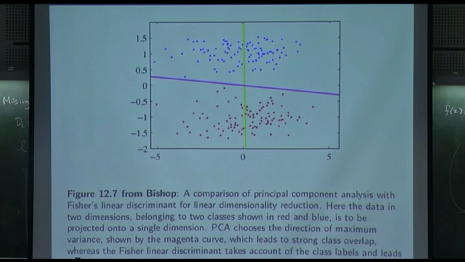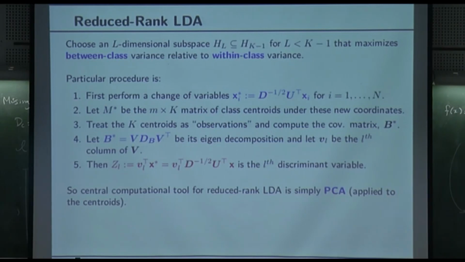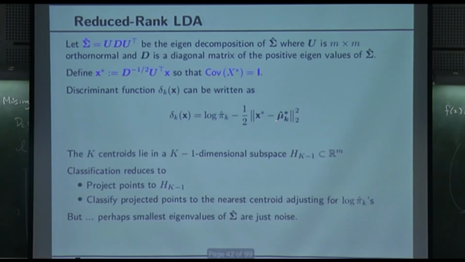And then once you do that, you get a center of this cloud, because this is already a class label. So you get the center of that cloud, which is going to be this point mu star 1. Then you get the cloud center of another cloud, which is mu star 2. You have two data points now.